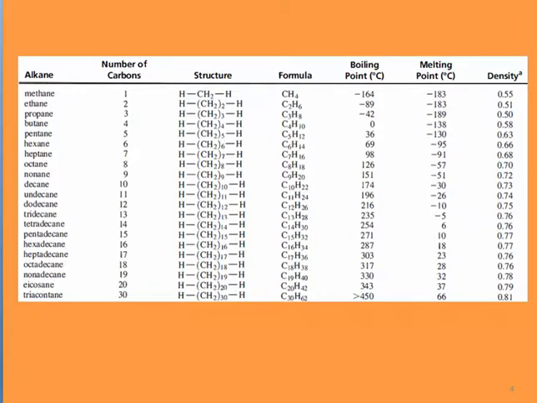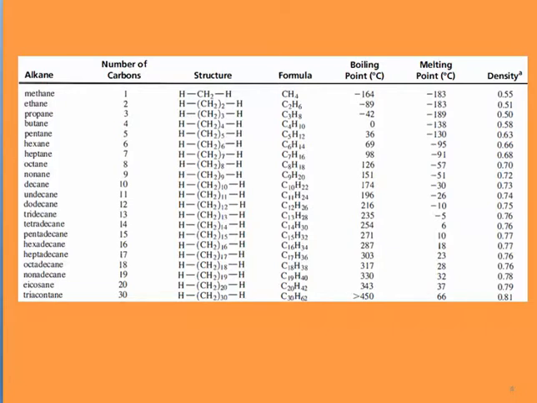In the third column from the left, you can see the structure: from each side you start with a hydrogen atom, and the rest is repeating methylene groups, which is CH2. In the next column, you will see the formulas of each of them, which is CH4, C2H6, C3H8, and the same for the others.